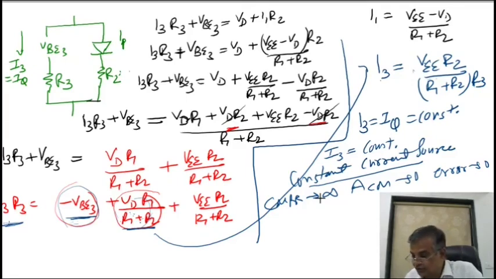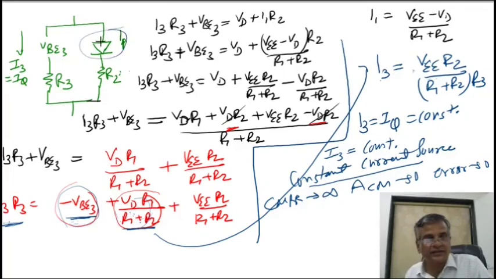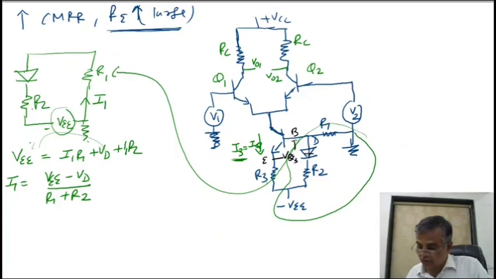Now, one more thing you can say. Look here in this equation. You may ask, what is the purpose of the diode? The diode is used for thermal stability. This diode and this transistor Q3 are made up of the same material and they have the same temperature coefficient.